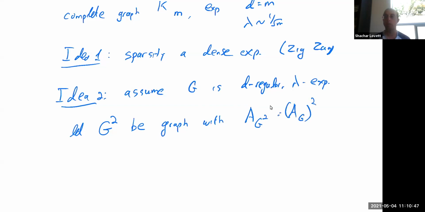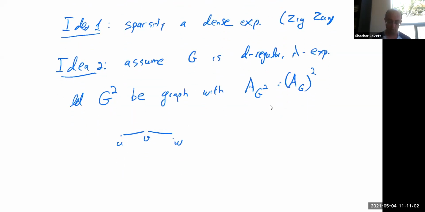So G squared basically corresponds to taking paths of length 2 in my original graph. So if my graph G had nodes U connected to V, connected to W, then in G squared, I'll just directly connect U and W. We'll identify graphs with their adjacency matrices, and in general we're going to allow loops and multiple edges.